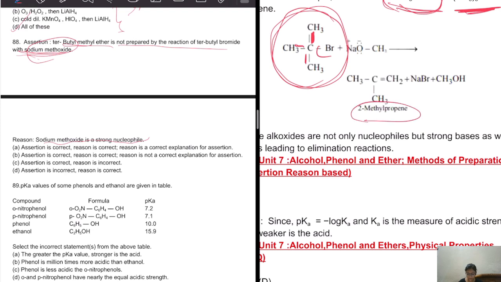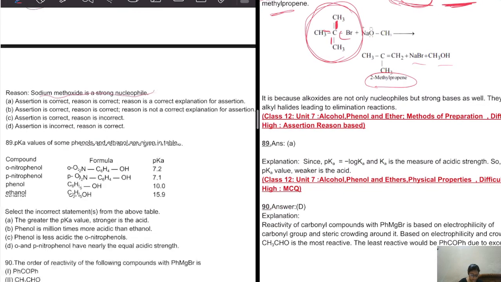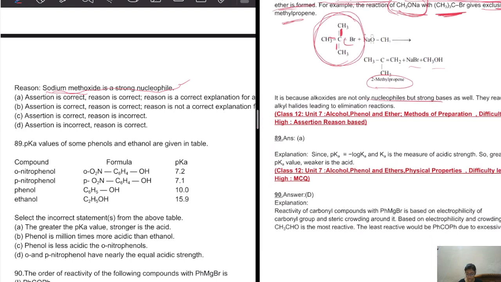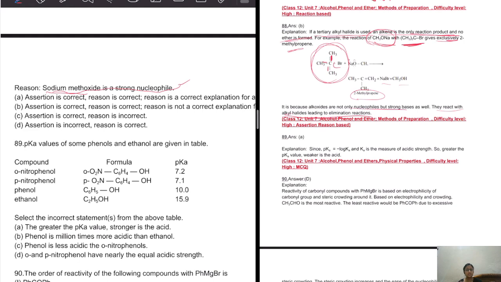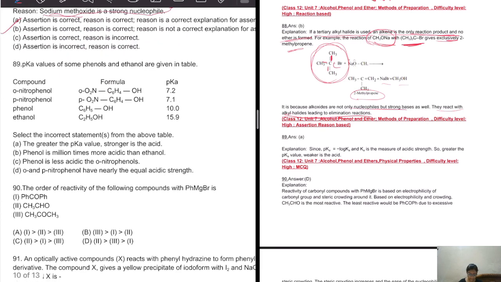We have 2-methylpropene, NaBr and CH3OH. And the statement that sodium methoxide is a strong nucleophile is also true, because these are very strong nucleophiles as well as strong bases. So they will react with alkyl halide leading to elimination reactions. See, both are correct, but the reason is not explaining why the assertion is happening. The correct answer would be B, that it is not the correct explanation.